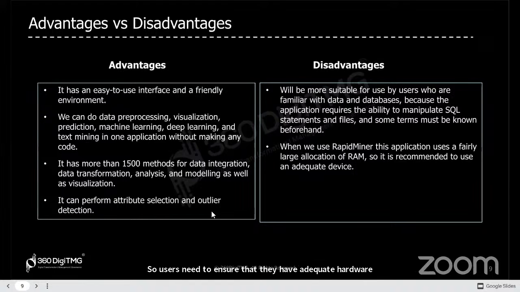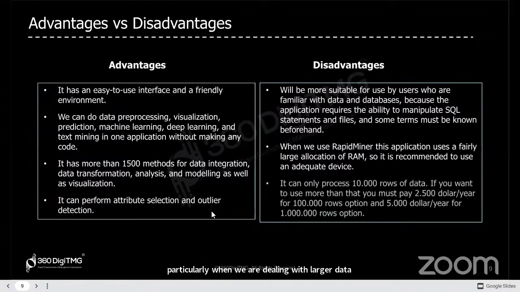So the first disadvantage is that users should be familiar with certain terms and concepts, and the second is that they need adequate hardware resources, particularly with larger data sets.